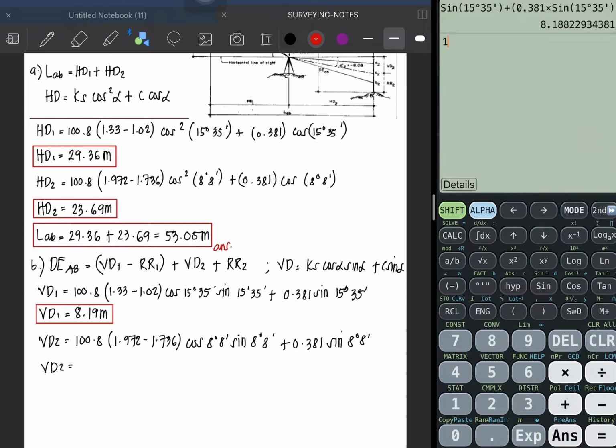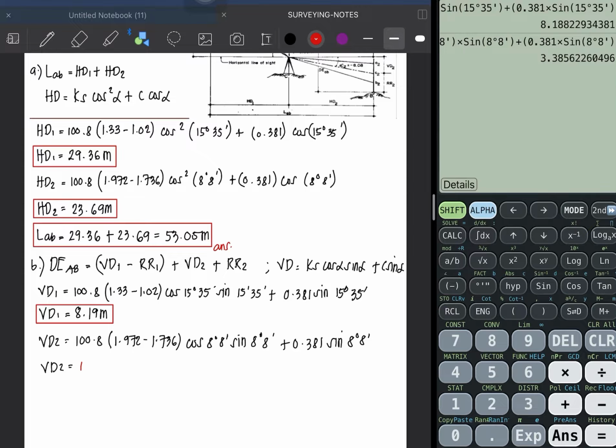Okay, and then for VD2, so VD2 is 100.8 times 1.972 minus 1.736 times cosine of 8 degrees 8 minutes times sine of 8 degrees 8 minutes, then plus 0.381 times sine of 8 degrees 8 minutes.